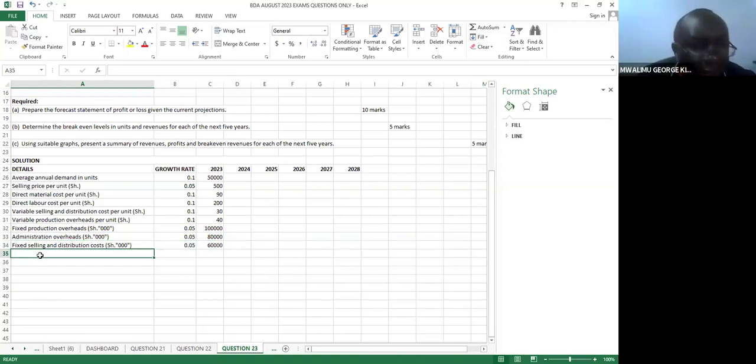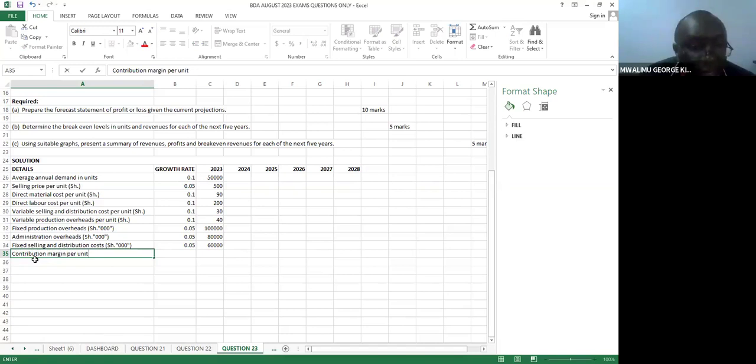I will require contribution margin per unit. Let's get that. Contribution margin per unit.